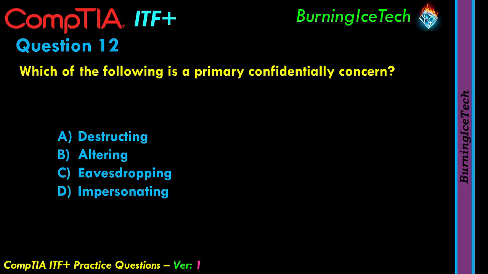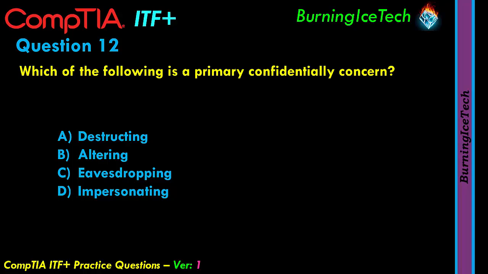Now, looking at answer C, eavesdropping. So just like in real life, where someone can go and eavesdrop and listen in on your conversation, maybe it's verbal eavesdropping. You're having a conversation with someone and someone else is standing nearby, listening in. That could be eavesdropping, but in IT terms, it's slightly different. Same concept, slightly different though. So someone is digitally listening in on your conversation.